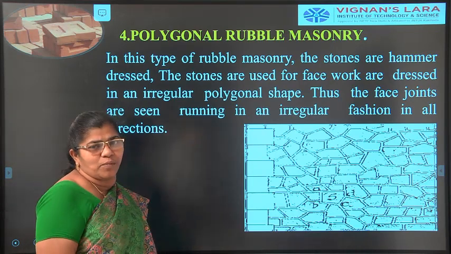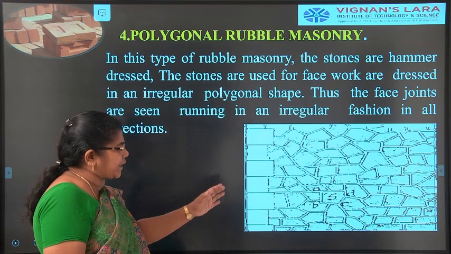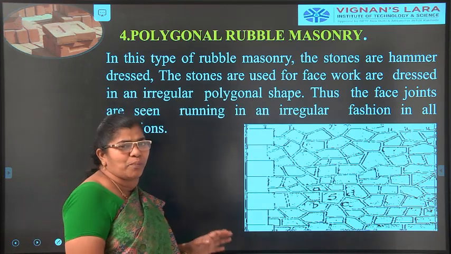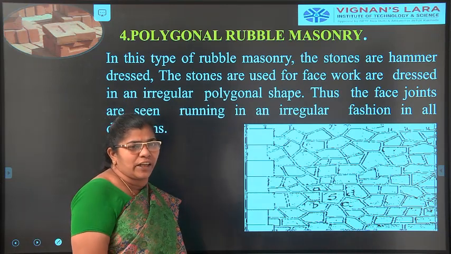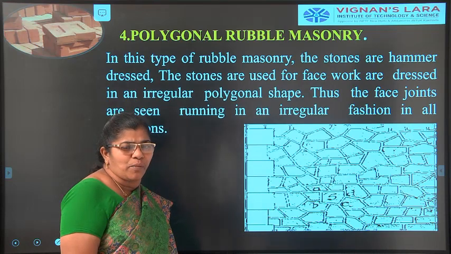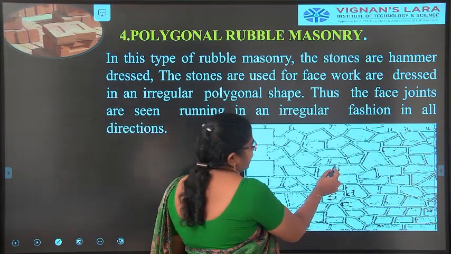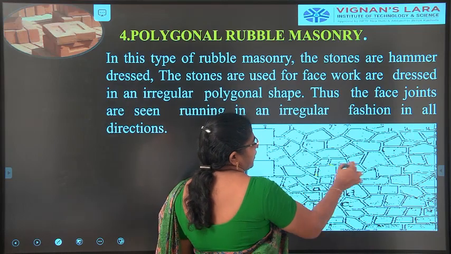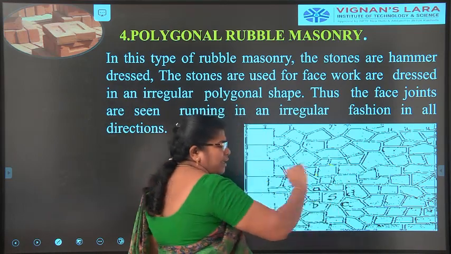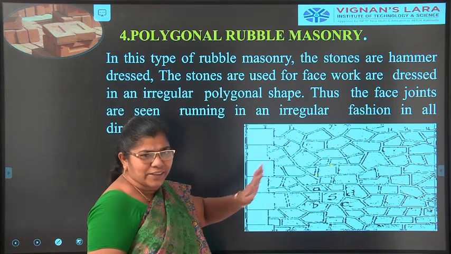So in almost all the material we will have a uniform polygonal structure. You can see the polygons are of different types, but they can be arranged in a random manner. It is not a systematic manner.